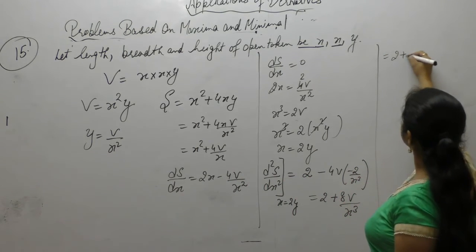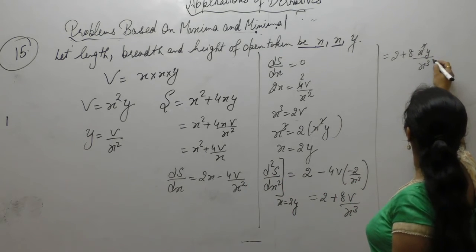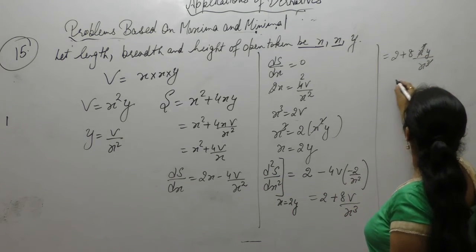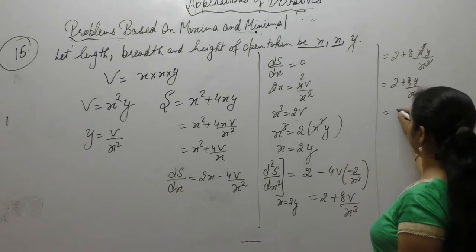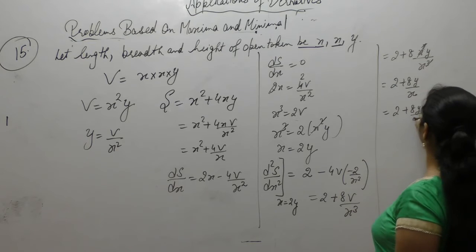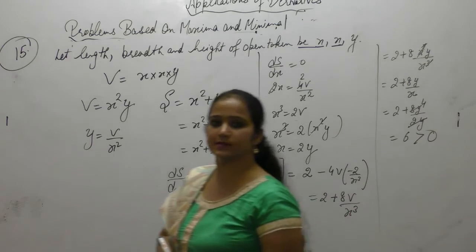So 2 plus 8V, V is x square y, upon x cube. So 2 plus 8y upon x. x is equal to 2y. So 6, that is greater than 0.